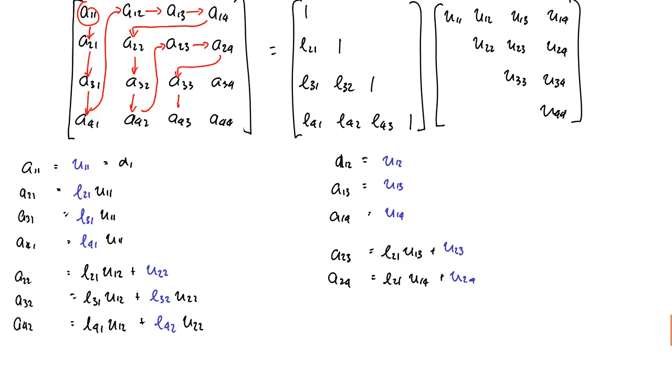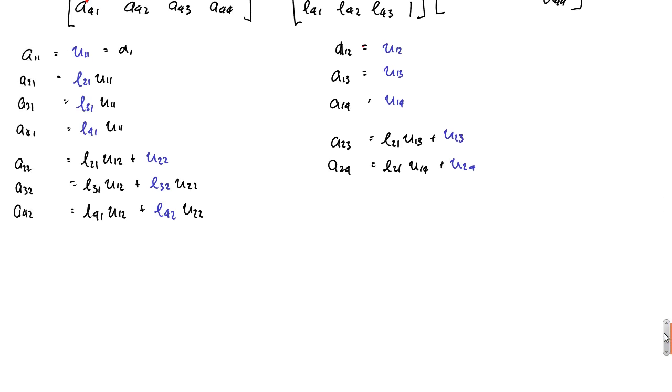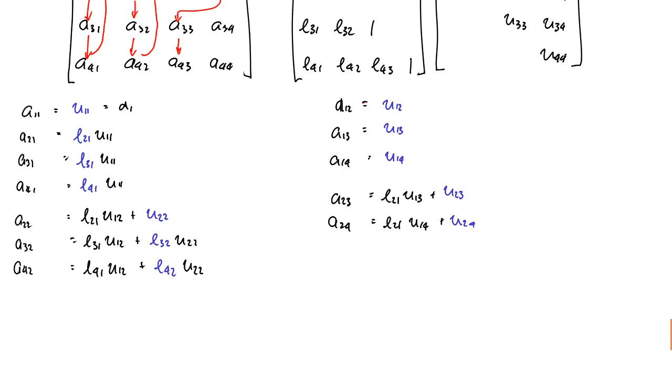I'll just quickly write these down now because you should be beginning to get the idea. And, well, we can sort of refer to part of the matrix. A33 equals L31. We've already got that. U13, already got that too. Plus L32, already have that. U23, already have that. Plus U33, we don't have that. That's the new one we can get. Going down to A43, we get L31. Is that right?